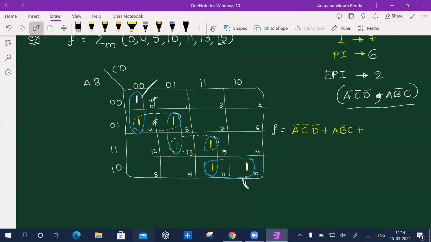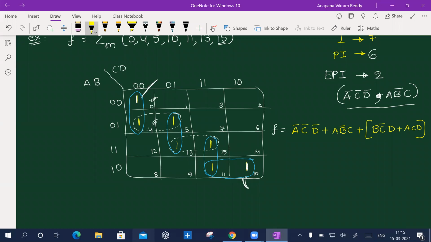Can I say this optional is B C complement D, right? And again, what do you have? Can I say you have ACD?